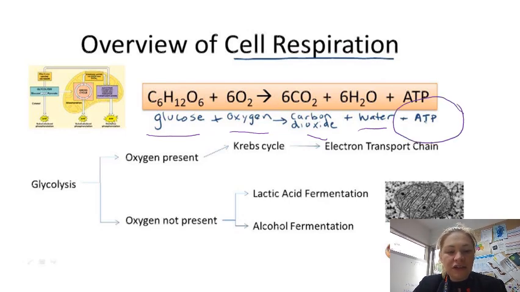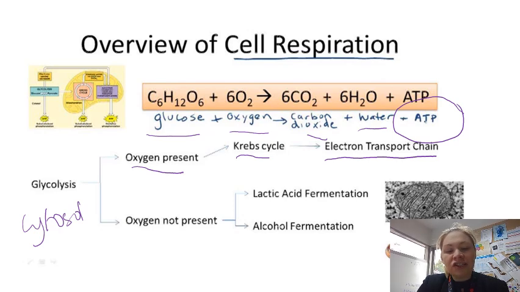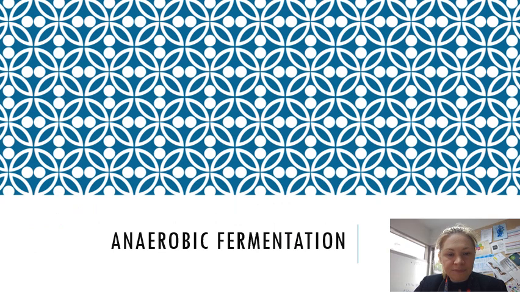We know that glycolysis, the first stage of respiration, happens in our cytosol, and if there's oxygen present, we do aerobic respiration after that, where we see the Krebs cycle and the electron transport chain happen. If oxygen is not present, we do anaerobic fermentation, which produces lactic acid in animals and alcohol, or ethanol we sometimes say, in yeast and plants.